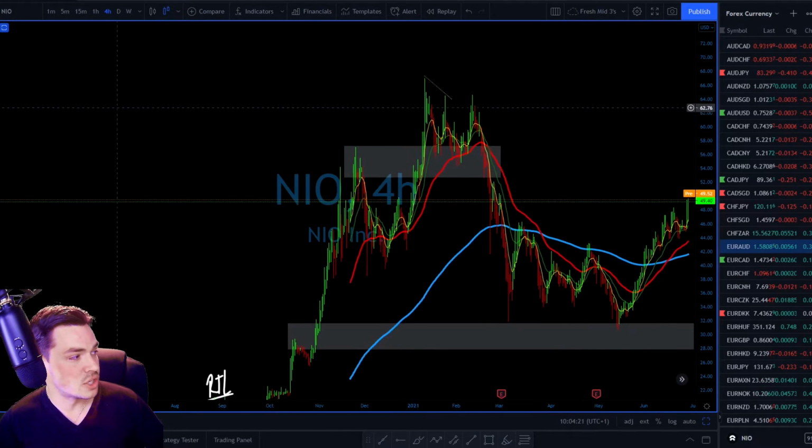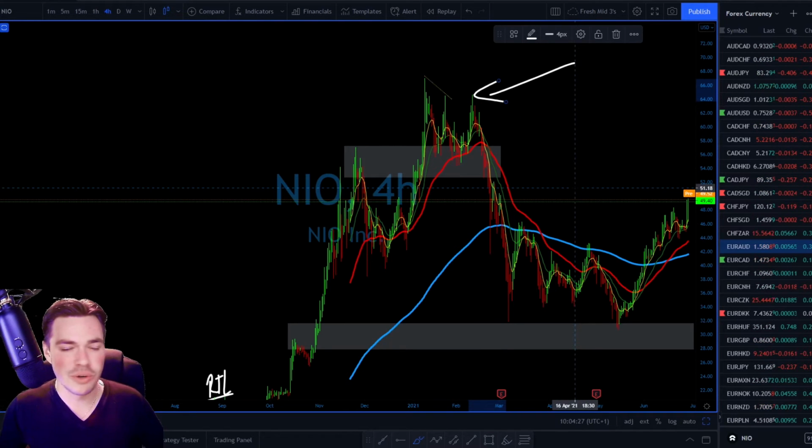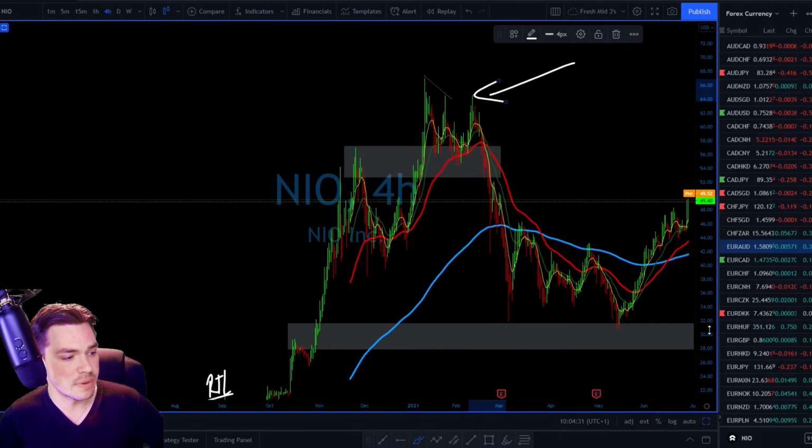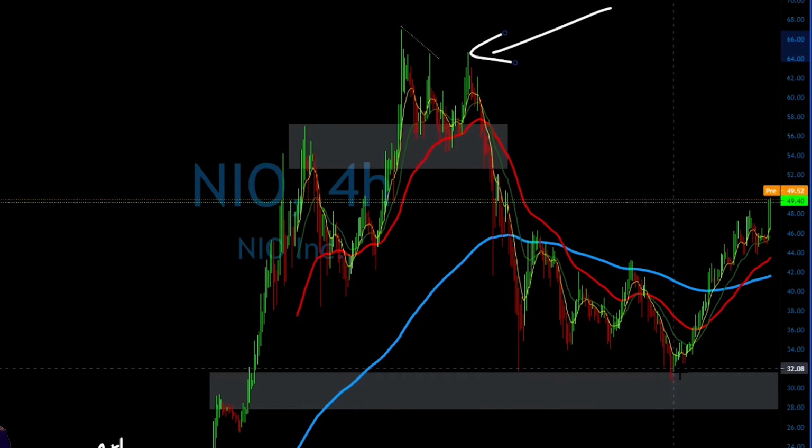Are the big institutions and the hedge funds going to want to take their trades here at around $64 a share? Of course they're not. Why the hell would they want to do that? They're going to want to fill their boots up with the stocks at a share price down at 32. Okay, that's half the value. 64 at the highs, 32 down there.